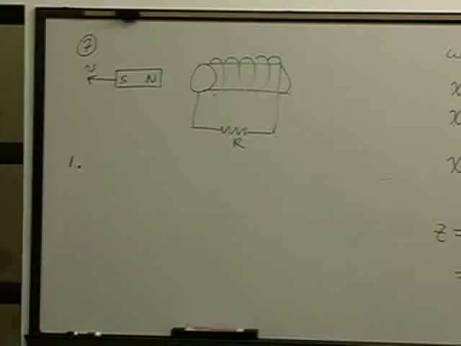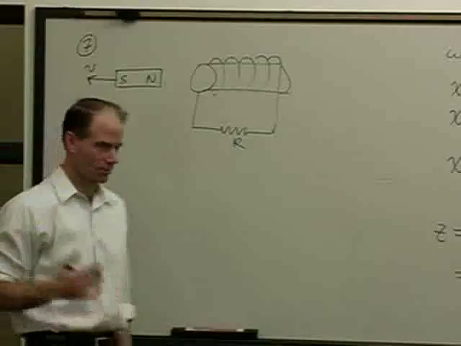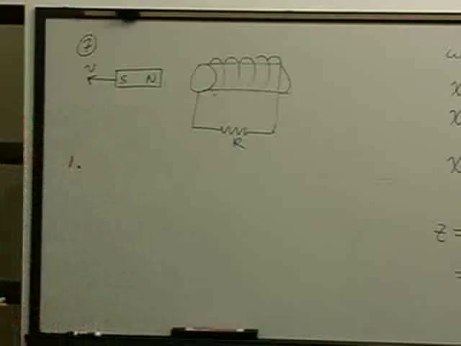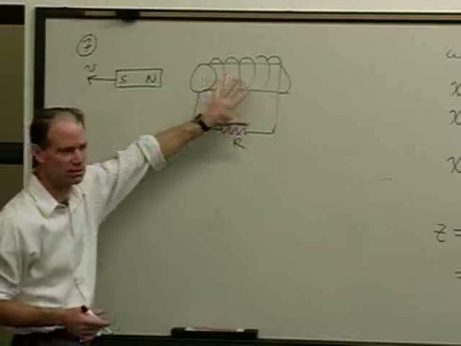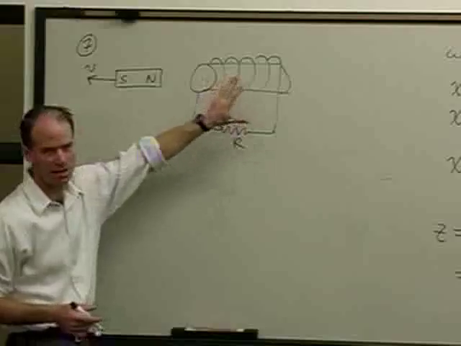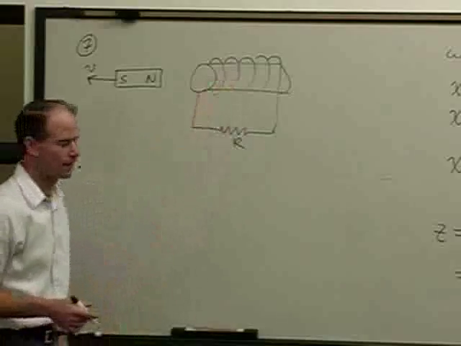First question would be, what is the direction of the original flux? The original flux is always the direction of the original field. And we're interested in the original flux in the vicinity of the solenoid.